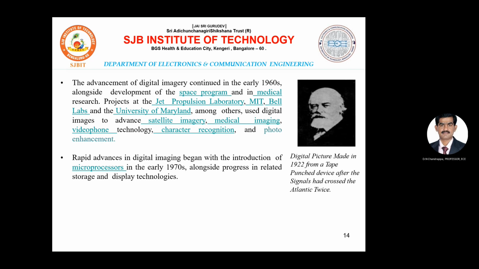Some projects at the JPL laboratories, MIT, Bell Labs, and the University of Maryland, among others, used digital images to advance satellite images, medical images, video phone technology, character recognition, and photo enhancement.